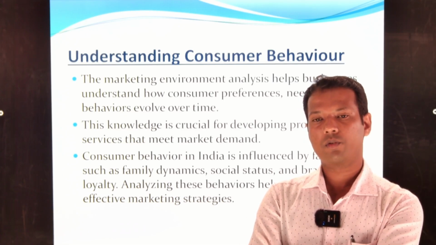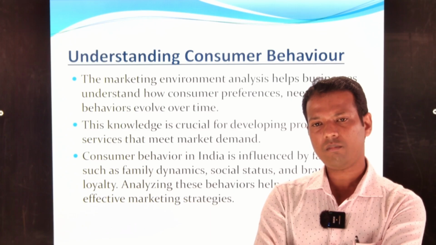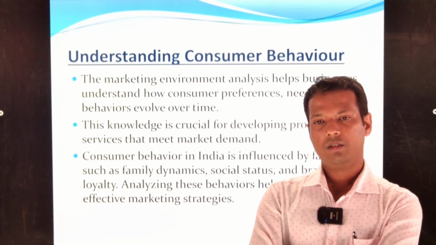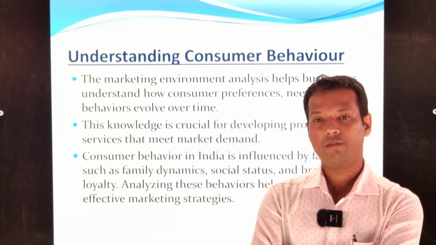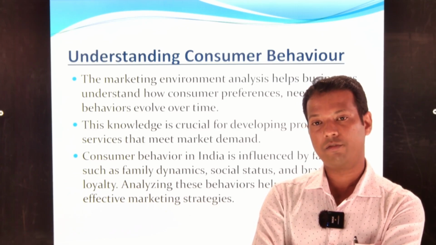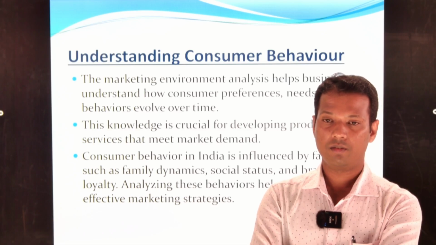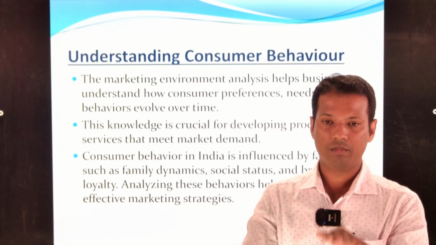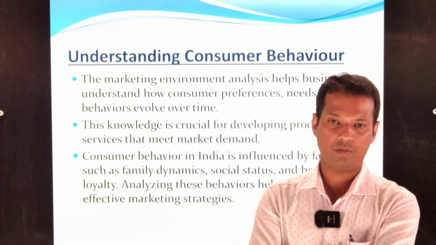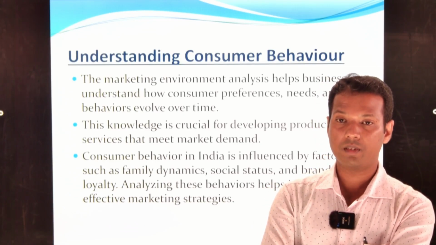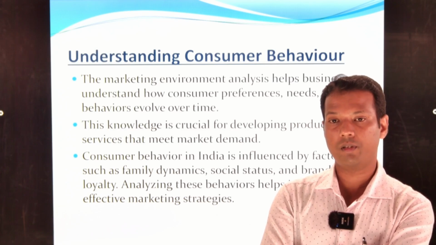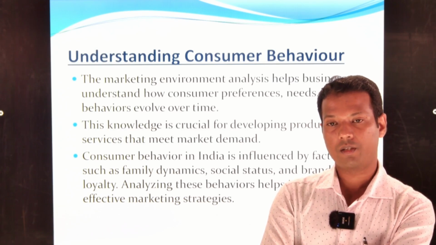Okay, our social status. Okay, what do you mean by social status? See, a person using a Vivo phone and a person using an iPhone Pro Max phone have a different social status in society. Okay, so based on the social status, definitely it also shapes the marketing strategies of the product making companies.